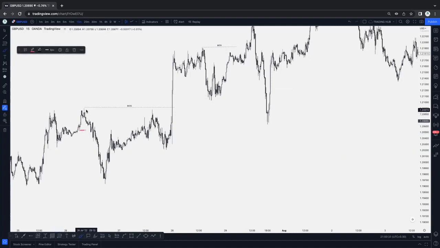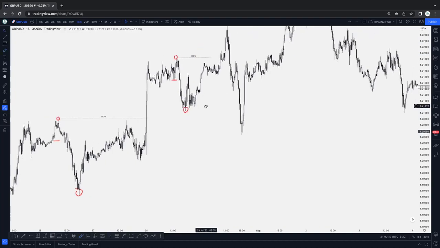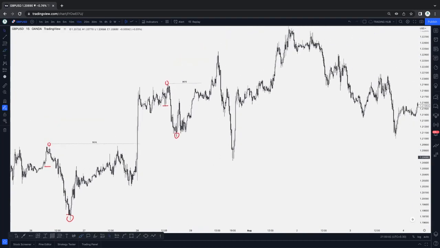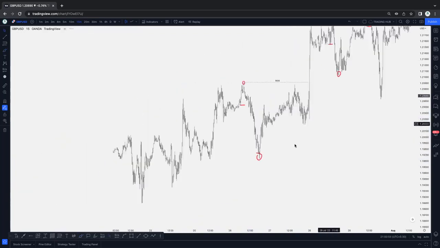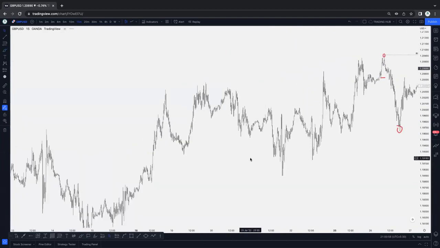Here it took out the inducement, pushed downside, made a new low, new high, broke the structure, went higher, took out the inducement, created a new structure here, and again broke the structure. And again, what happened here? It took out the inducement but broke this major low. Actually, this move happened because the market was bullish here. You can see for a long time the market was bullish.